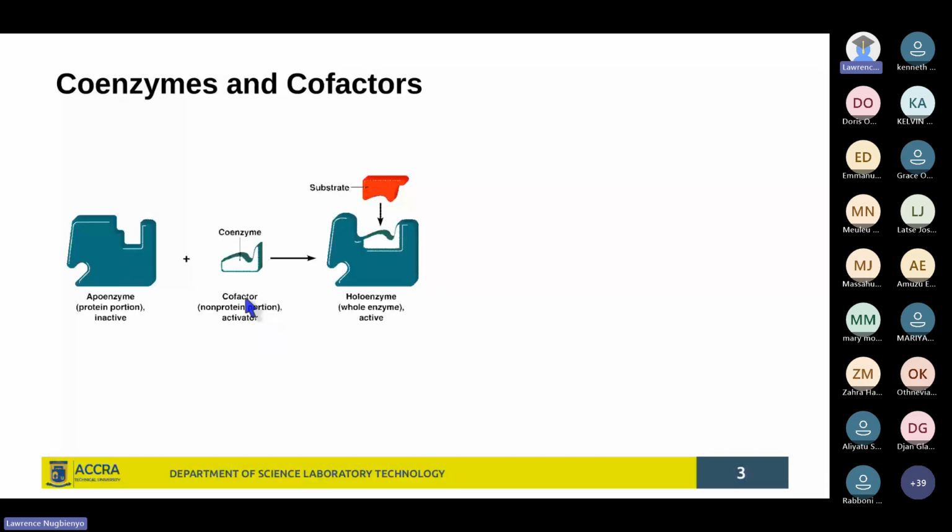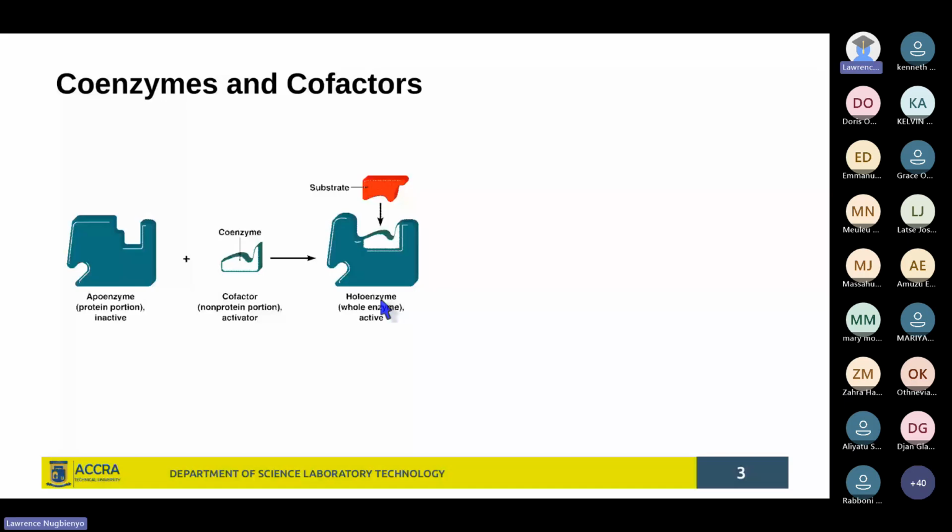So that's the coenzyme or cofactor, a non-protein portion that is an activator. When it attaches to the protein part, the apoenzyme, it forms a holoenzyme, which is an active enzyme. So the holoenzyme becomes active.